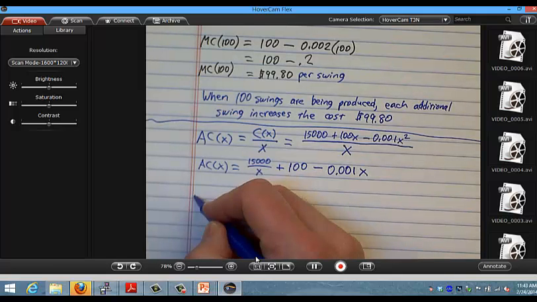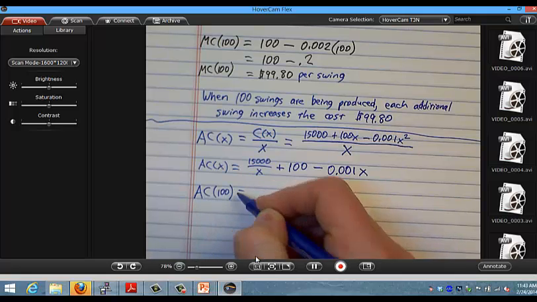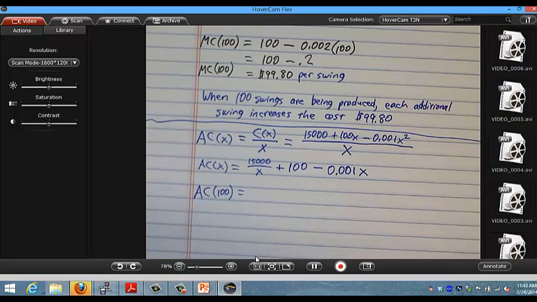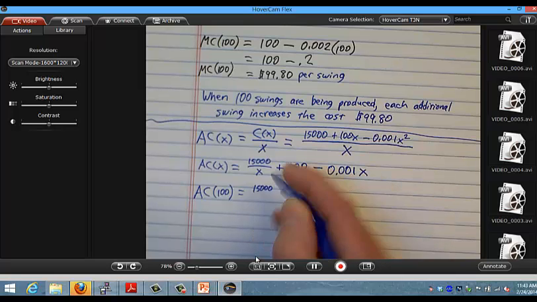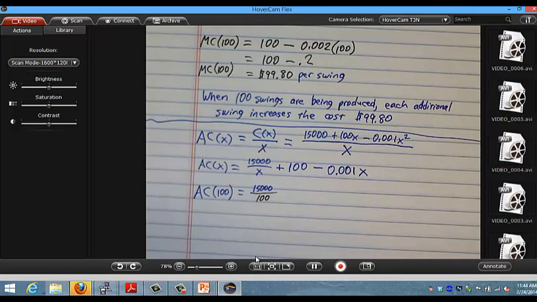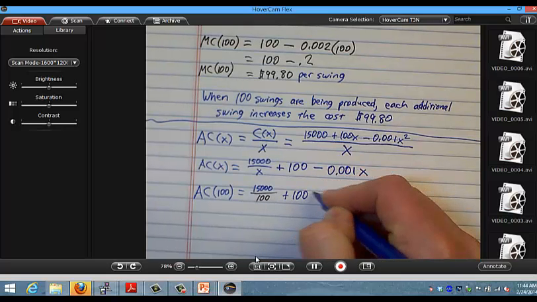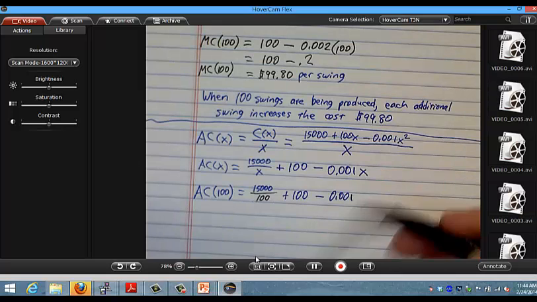Now they asked me for the average cost of 100 items, 100 swings. This might give you an idea of what you should charge. So what's the average cost of 100 swings? Well, everywhere that it used to say x, we write 100. So I have to do 15,000 over 100, then add on 100, and then minus 0.001 times 100.